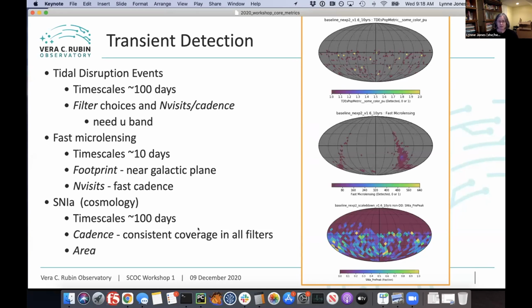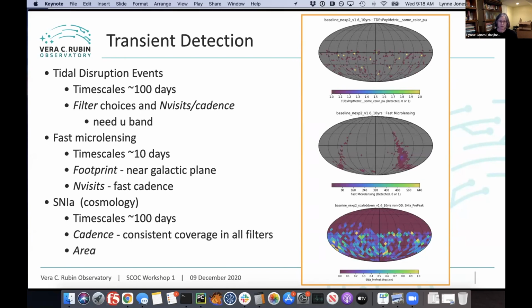Here, the timescales are longer, about 100 days. The cadence is interesting because it's being driven a little bit less by just when the U-band visits are, but it needs consistent coverage in all filters in order to be able to detect that it's a supernova 1A and also detect what the characteristics are.